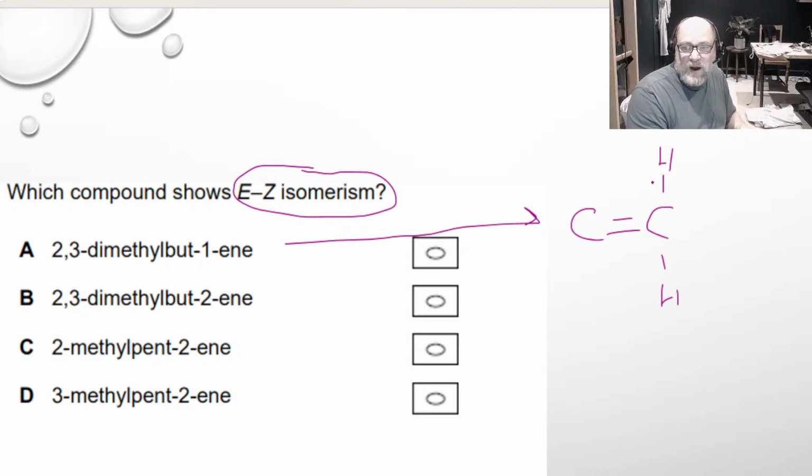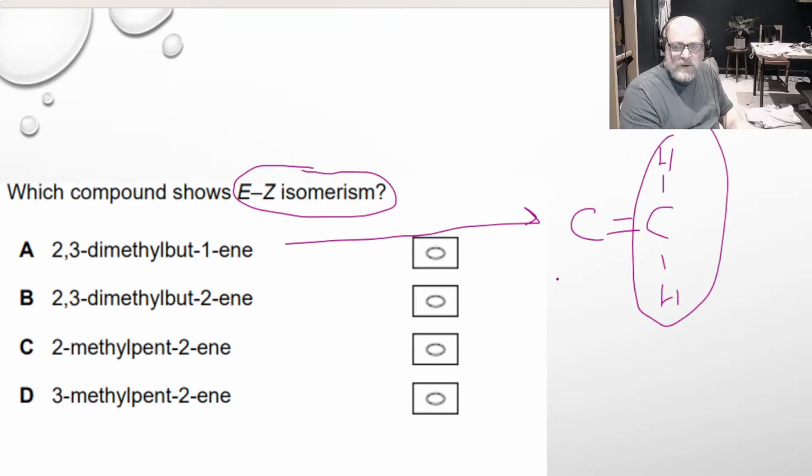It's got 2 hydrogens, 2 things that are the same on the end of the molecule. So remember, we want different groups on the carbons. The 2 carbons that have the double bond, we want different groups on them. So I'm getting rid of A. It's just a speedy way to do it.